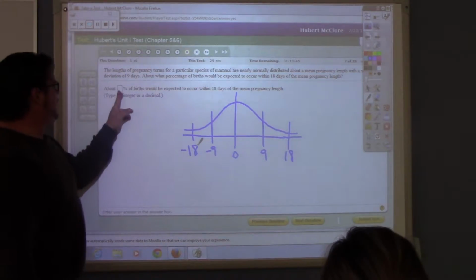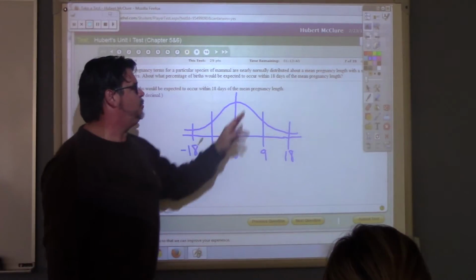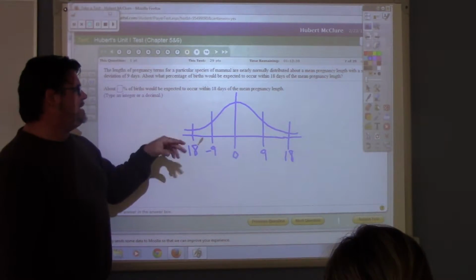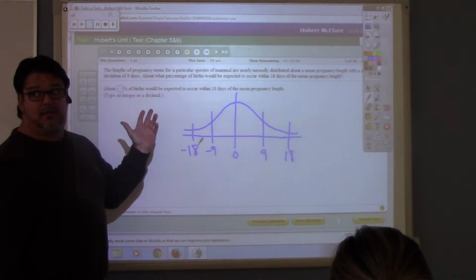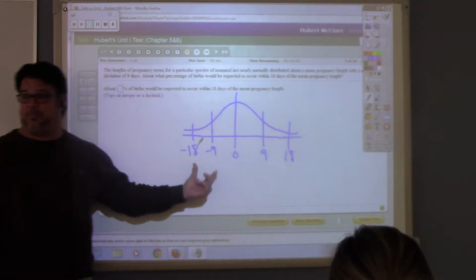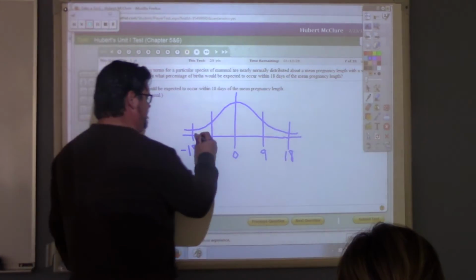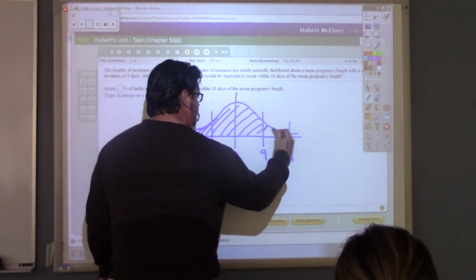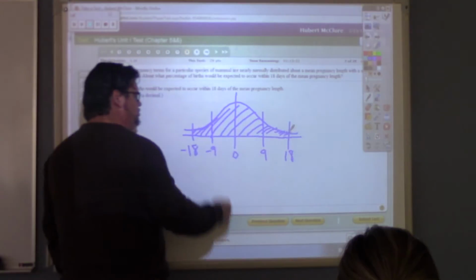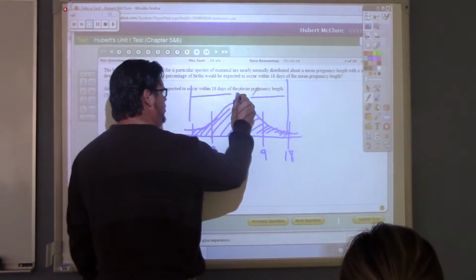About blank percent of births would be expected to occur within 18 days of the mean pregnancy. Did I say 18 days after or 18 days before? Didn't. I said within. So that means 18 days before or what? After. Hey, then what is that? 2 standard deviations, which is what? Empirical rule. What's 2 standard deviations? Go to your empirical rule.